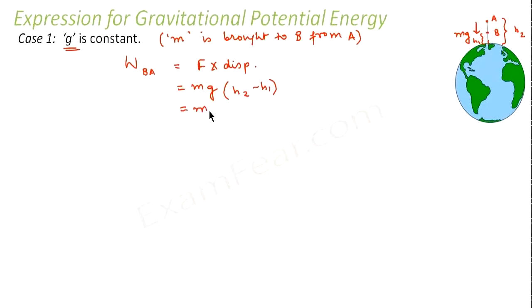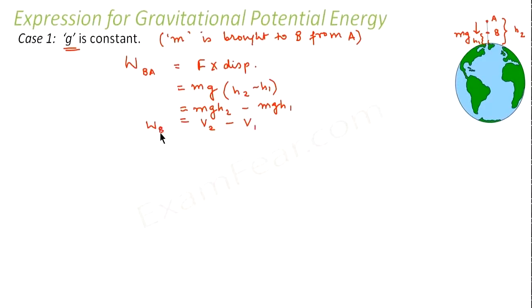Now we can write this as mgh2 minus mgh1. Now what is mgh2? By definition of potential energy, this is the potential energy at this particular point, at point A. So this would be V2, and mgh1, that is the potential energy at point B, that is V1.